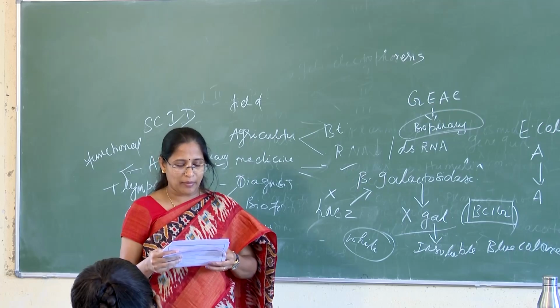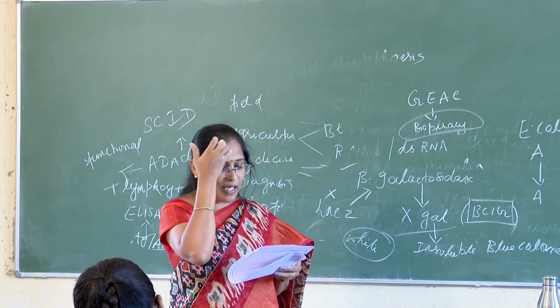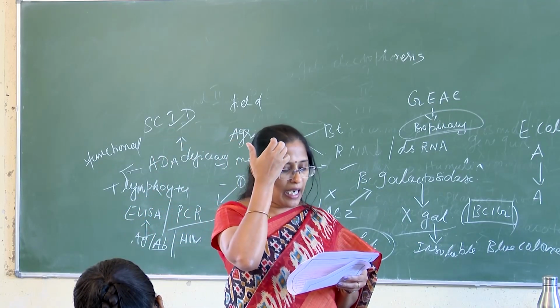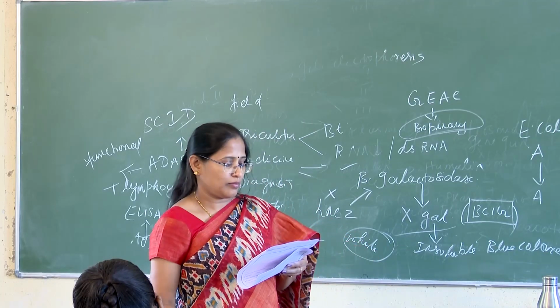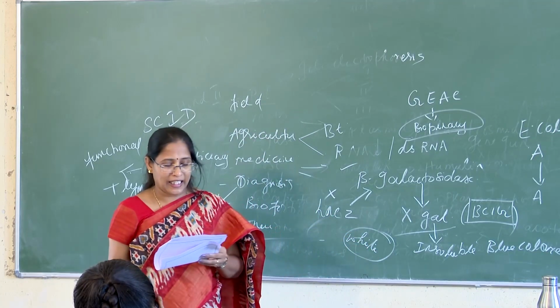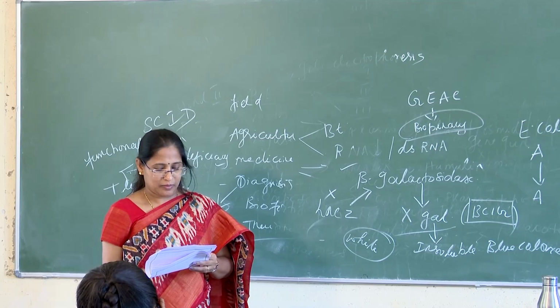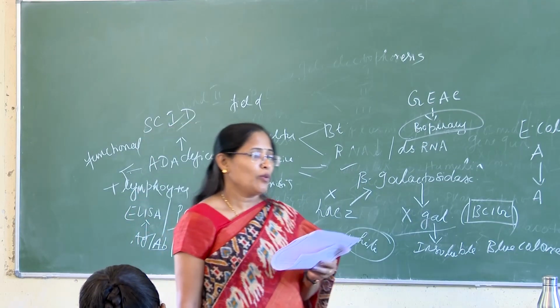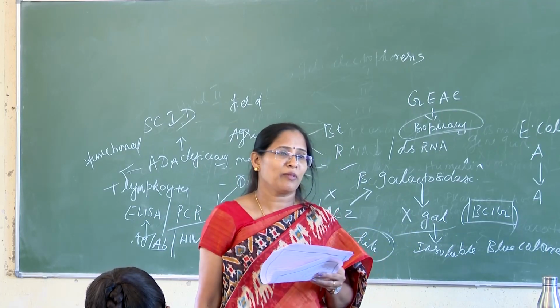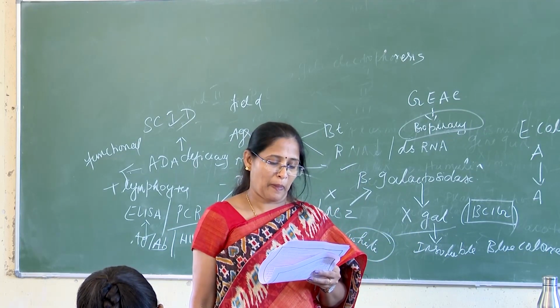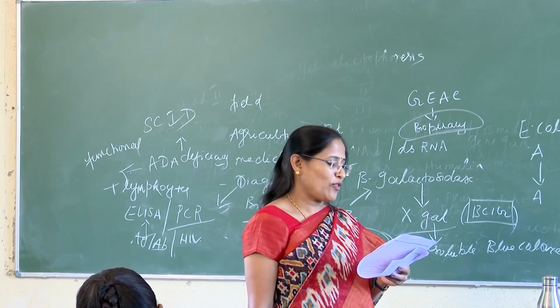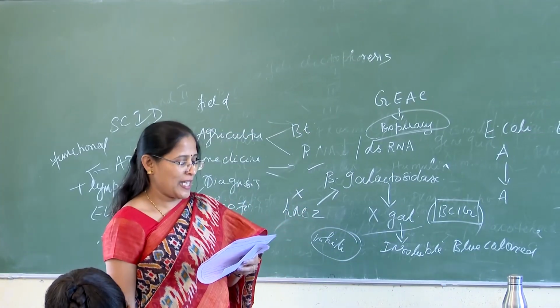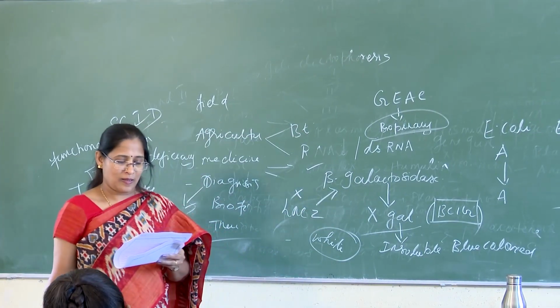Next, the following statements describe the characteristics of the enzyme restriction endonucleases. Identify the incorrect one. What is wrong in A? What is the answer for that? C?